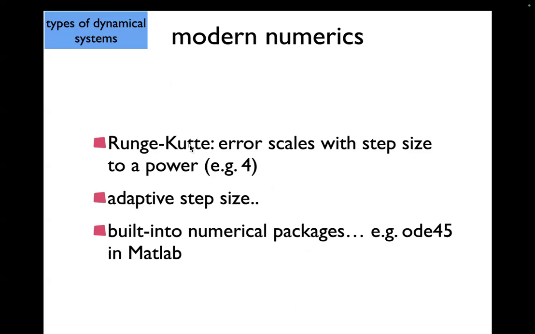The very classical one is the so-called Runge-Kutta. It's actually a typo, it should be Kutta with an A here, sorry. So that scales much better. And actually all the numeric procedures you can get automatically from MATLAB and things like that. They have so-called adaptive step size, so they always optimize something. Again, that can be done when you have noise.